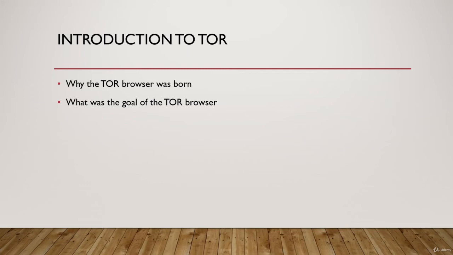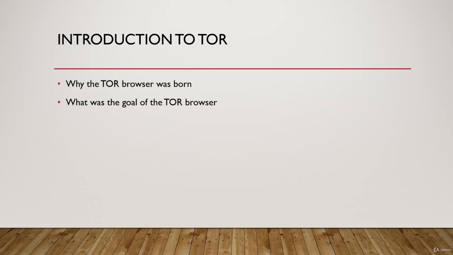Because when you're browsing, even with Tor, if someone wants to track you down, there are ways to track you down. So with other browsers, it's very simple to track someone down. This is why the Tor browser was born, because it was born really to help people stay anonymous online without having everyone know what they do exactly. So that's why the Tor browser existed.